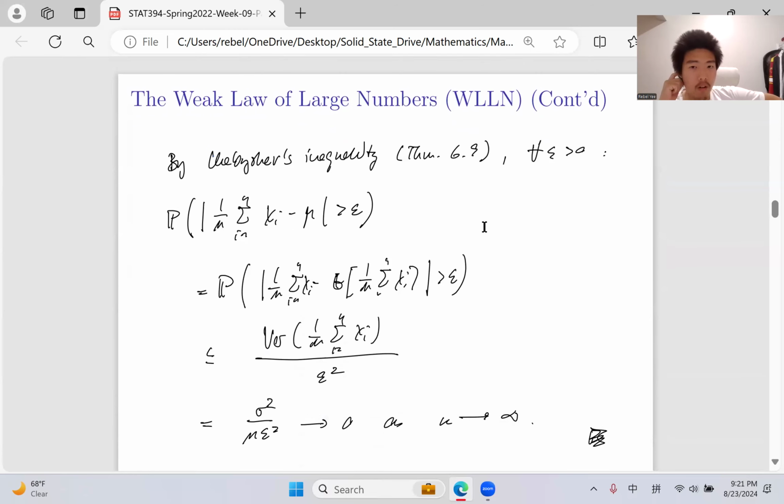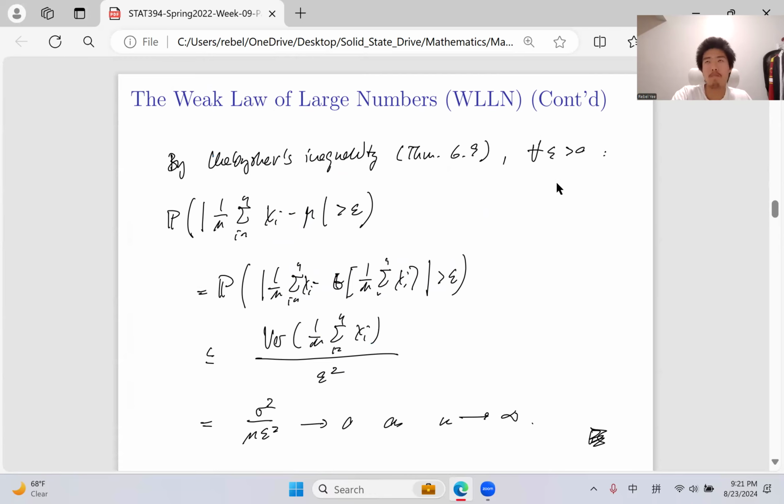So by the Chebyshev inequality, remember what I said before, this is the term we are going to figure out, and mu is the expected value of the term. So it's just the probability of this one being larger than epsilon. The epsilon here is already fixed, because for all epsilon means we can pick any epsilon.